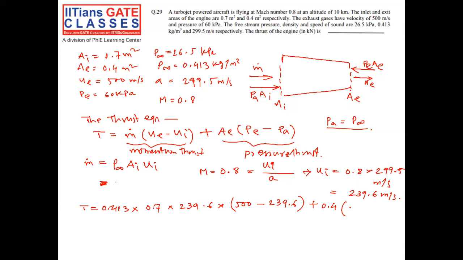PE is 60 kilopascal minus PI. PI is P infinity, which is 26.5. These are kilopascal, so this will be multiplied by 10 to the power 3 to get them in Pascal. Now, if we just calculate, this will come 31437 Newton, which is equal to 31.437 kilonewton thrust. So this is the answer.